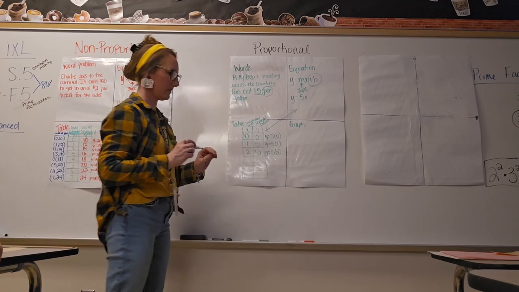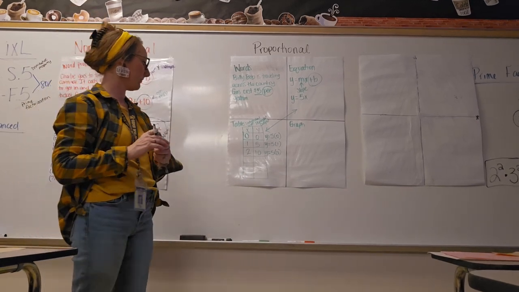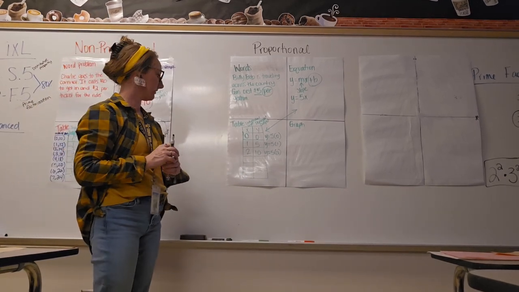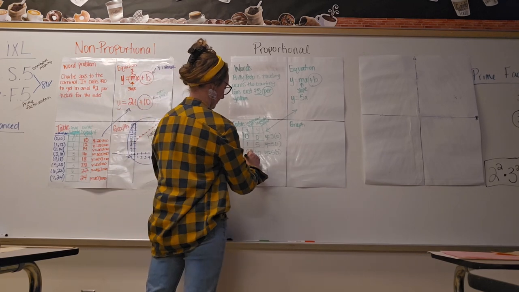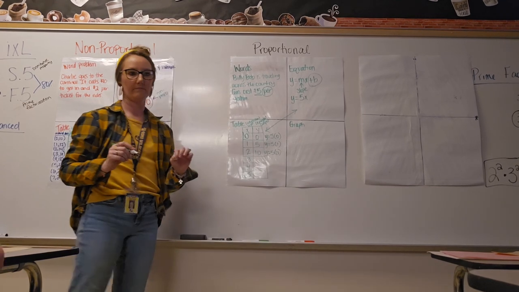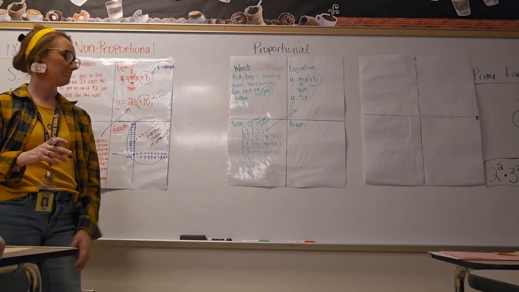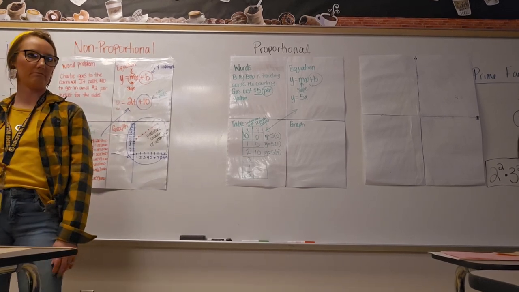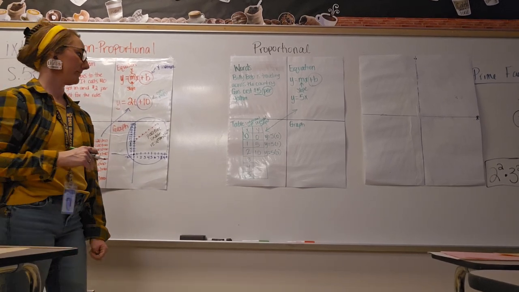Okay, so see if you can fill in the rest of our table. Let's do 3, 4, and we'll just do 5. We'll keep it simple. You're just going to have more data, which is perfectly fine.